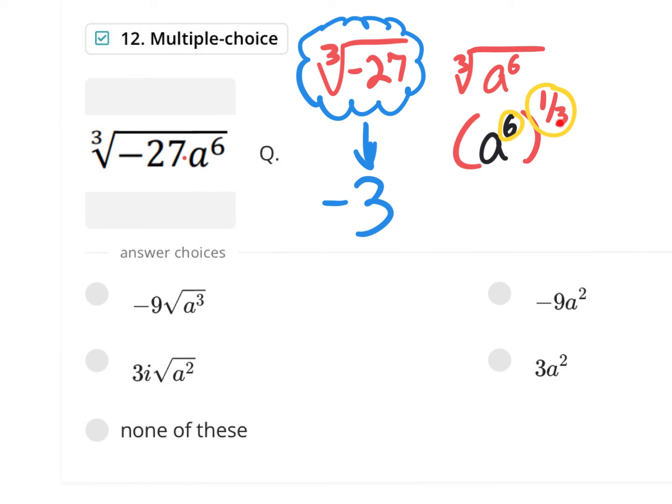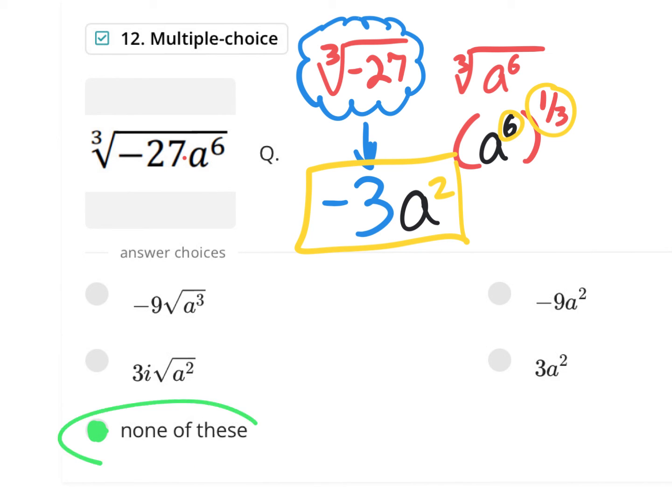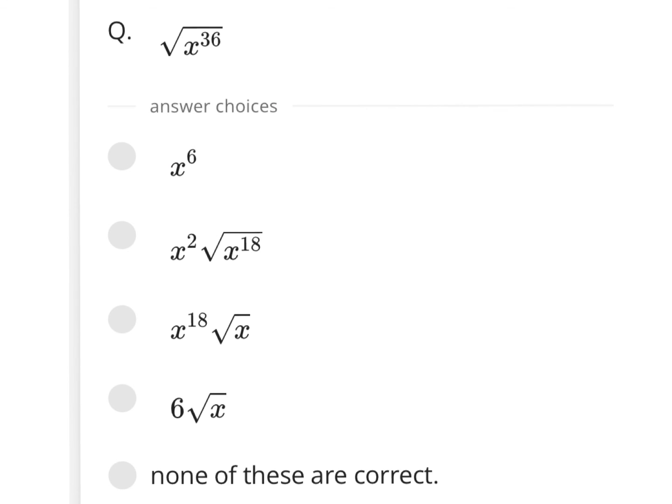The invisible 1 times 3 is 3. 6 divided by 3 is 2. So we really have negative 3a to the 2nd power. So this is our answer, negative 3a to the second power, which will be none of these. This one looked like it might be, but it's missing that minus sign, so there is no correct answer there.